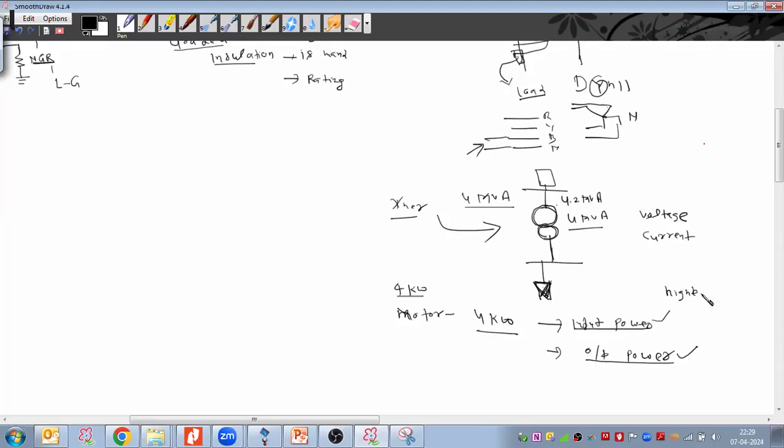Due to that reason, if you are selecting any starter or VFD for a 4 kilowatt motor, do not select a 4 kilowatt starter or VFD. Try to take at least a 7.5 HP VFD, which means a 5.5 kilowatt VFD.